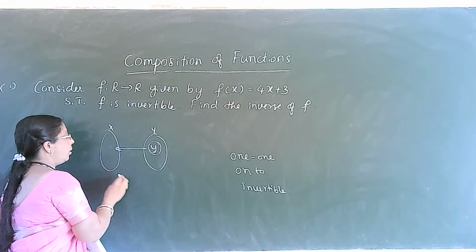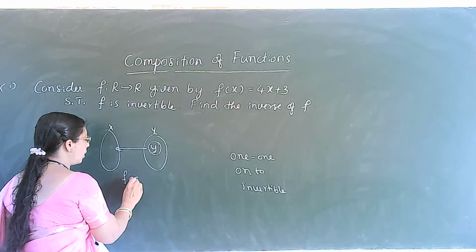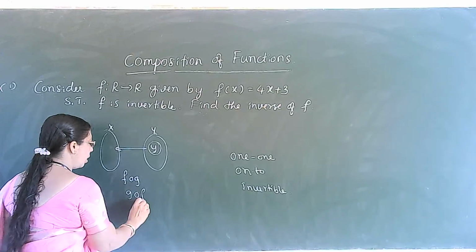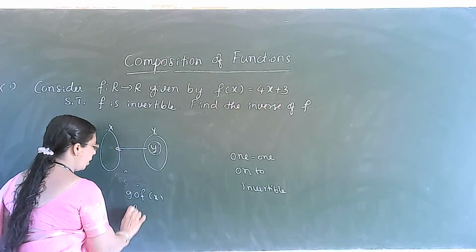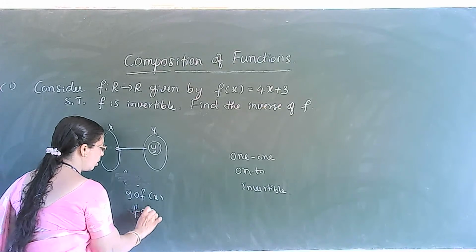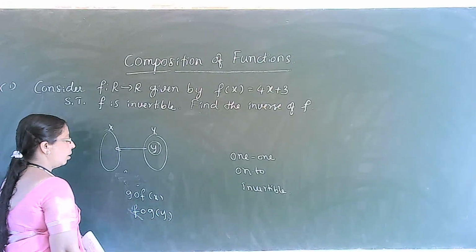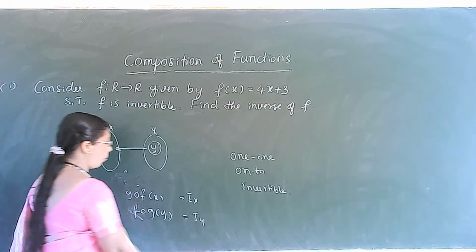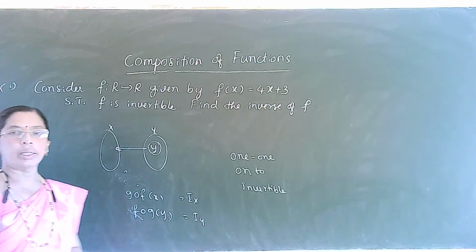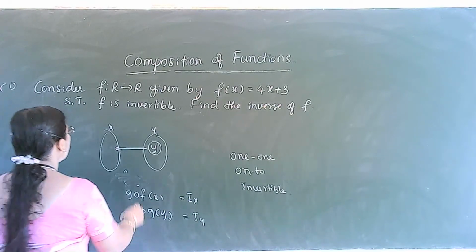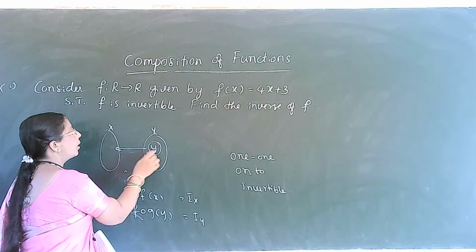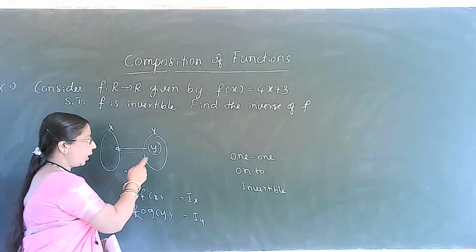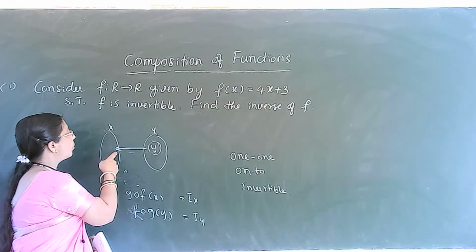If g naught f of x and f naught g of y are the identity on x and the identity on y, then it is invertible. Here we select any arbitrary element y from the range.